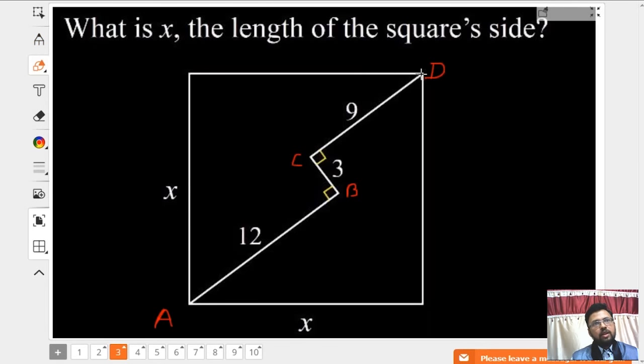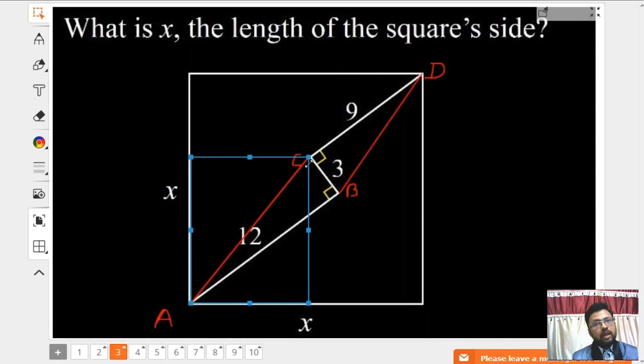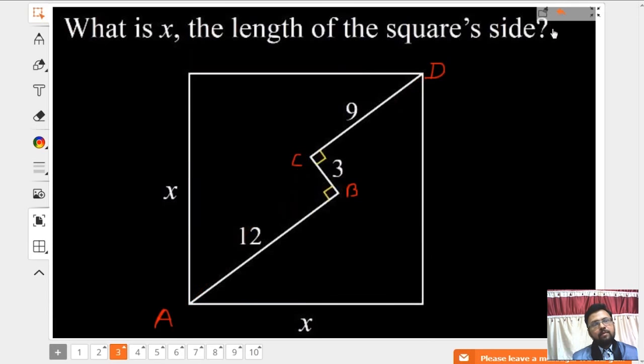If you try to join DB and AC, again, there's no direct relationship between them. So take care of that. How will you solve? You can have the kind of construction that should be within the simple domain.